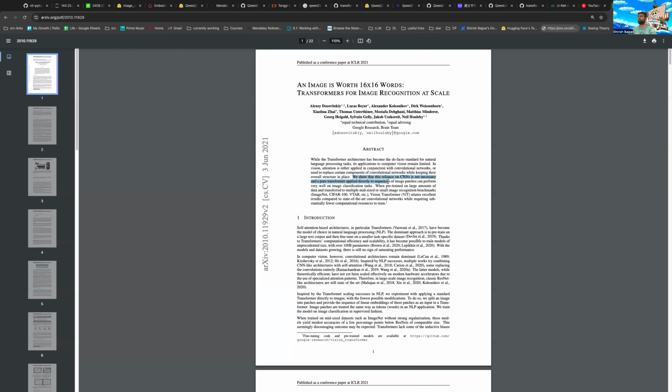But here, what they want to show is that CNN is not necessary, and that a pure transformer architecture, similar to the language one, can perform very well on the image classification task. Ultimately there will be an image representation by a dense vector, and they use that to classify the image.